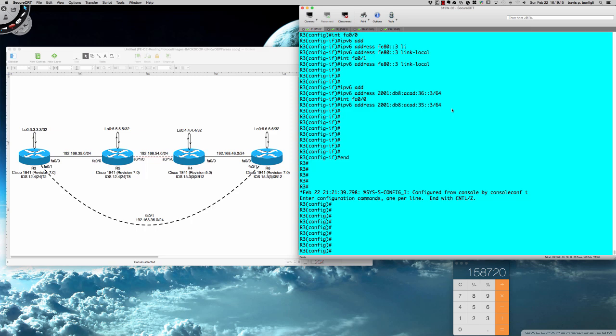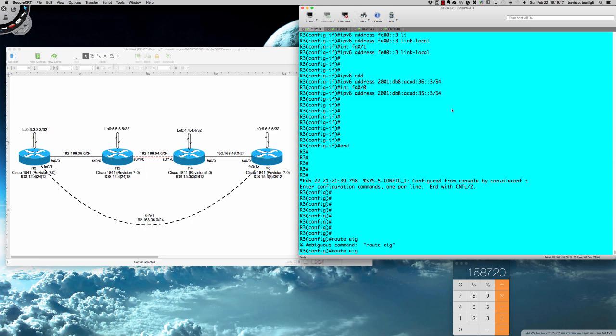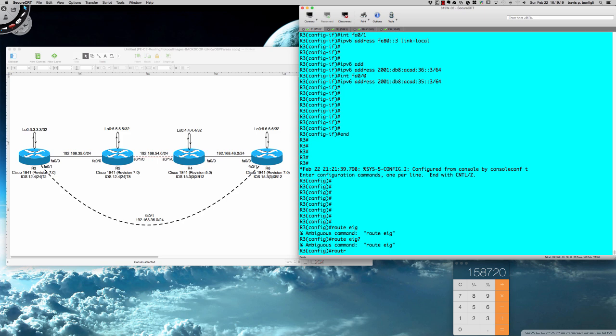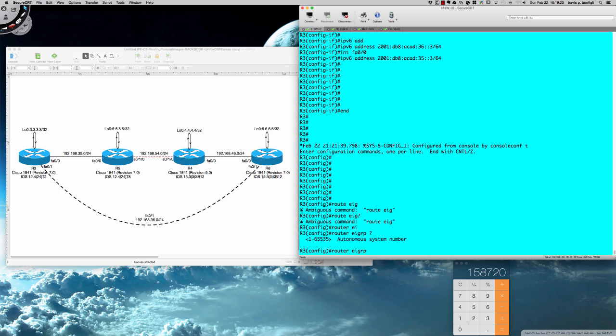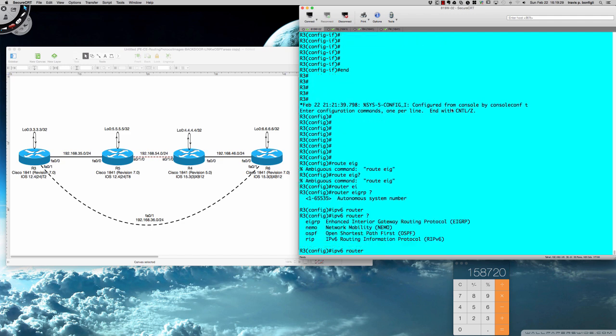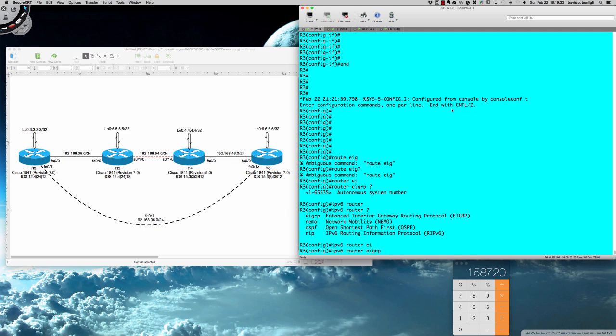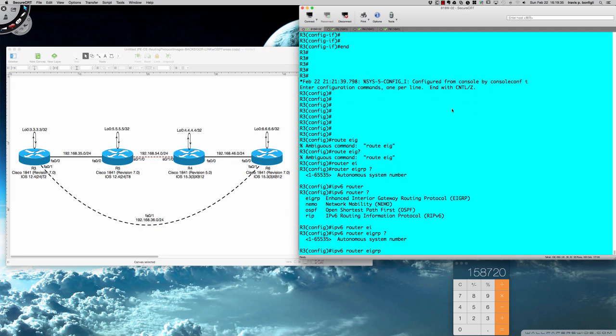So before, where we would type in router EIGRP and then the autonomous system number, IPv6 is a little different. So I'm going to say IPv6 router, and if I do the question mark, you can see I get a choice here. And I'm going to say EIGRP, and then what would follow? Exactly, the autonomous system number.